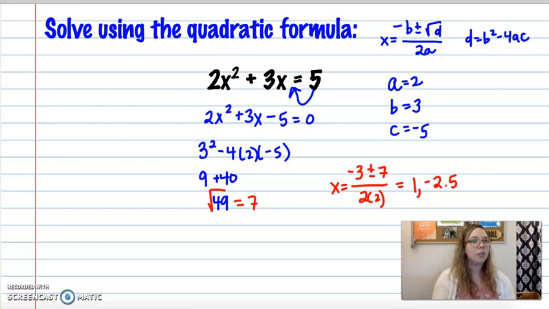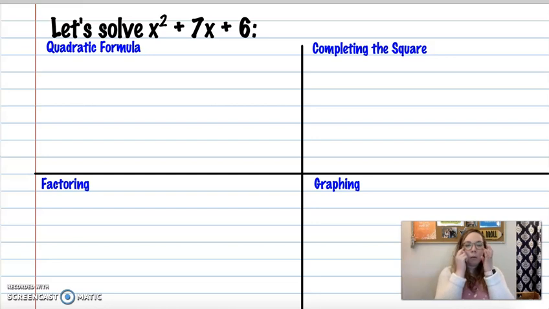Okay, so let's go ahead and try to wrap up everything we know about quadratic equations and solving them by kind of summarizing all three methods we know. So here for quadratic formula, we'll do that one first. It's our newest one. So A is 1, B is 7, C is 6.